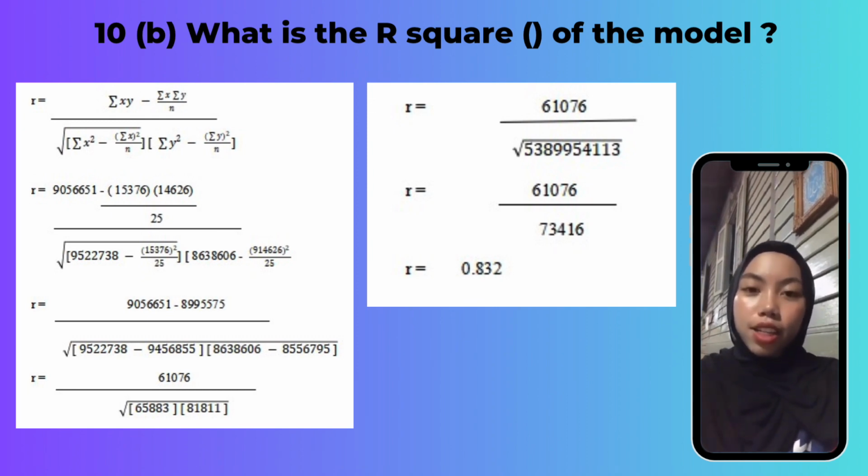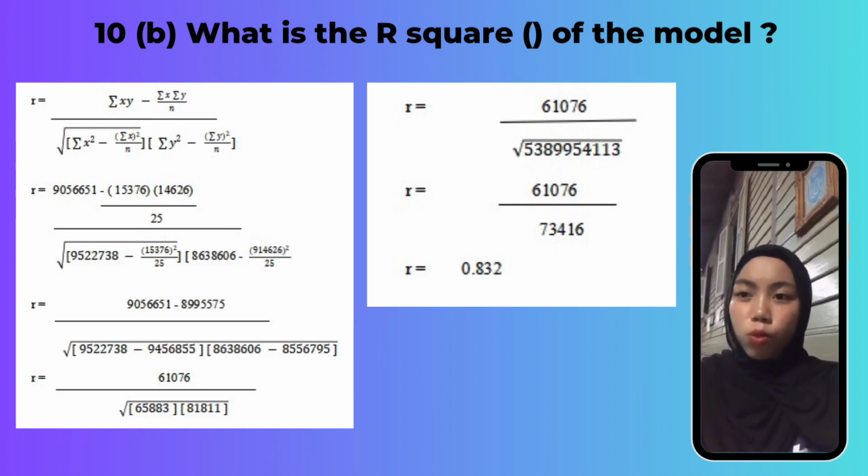Okay, for finding the R, we have a formula. The formula is sum xy minus sum x sum y divide n, and we need to divide bracket sum x squared minus bracket sum x squared divide n, and we close the bracket and we open the bracket for sum y squared minus sum y squared divide n and close the bracket.